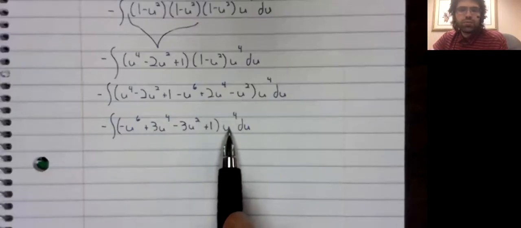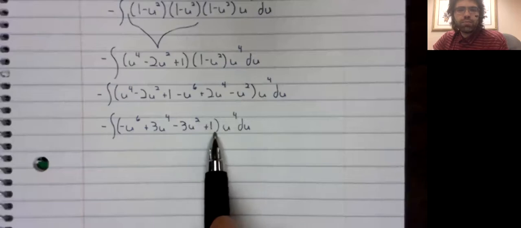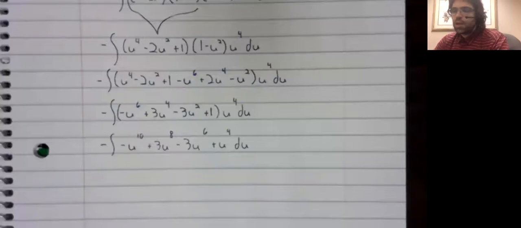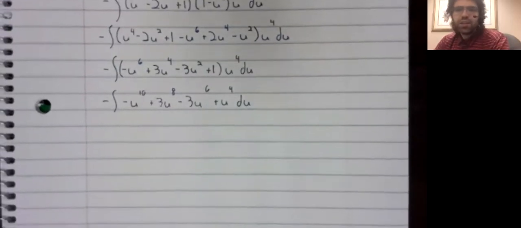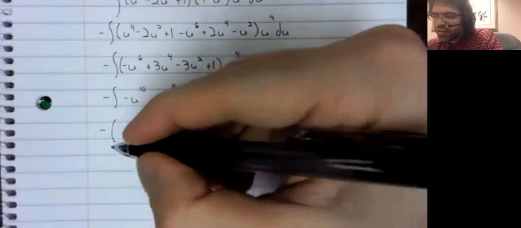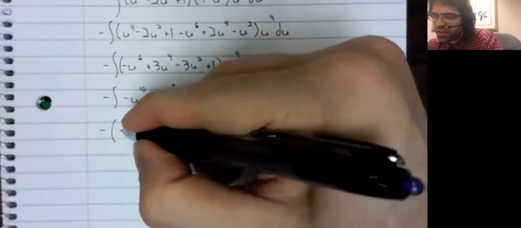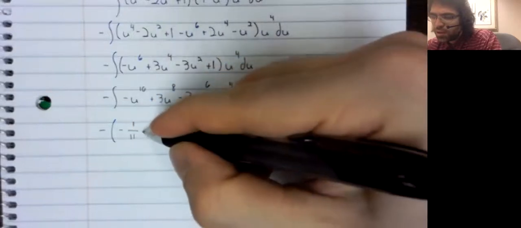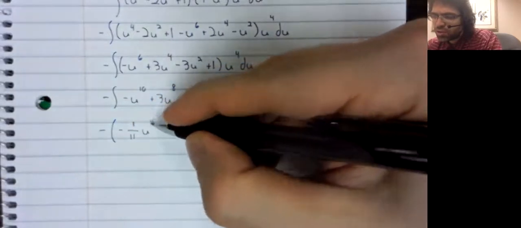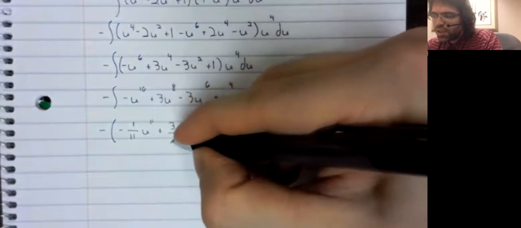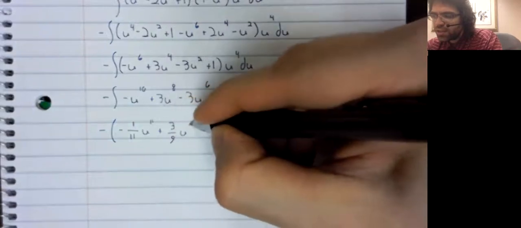Distribute this u to the fourth through here. And finally, this is an antiderivative or an indefinite integral that we can take.